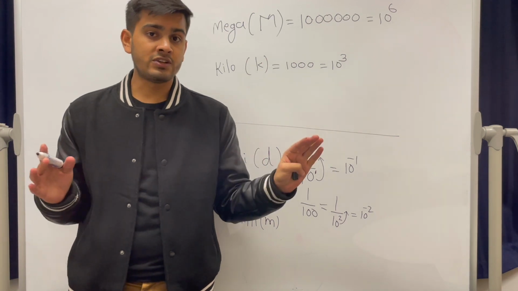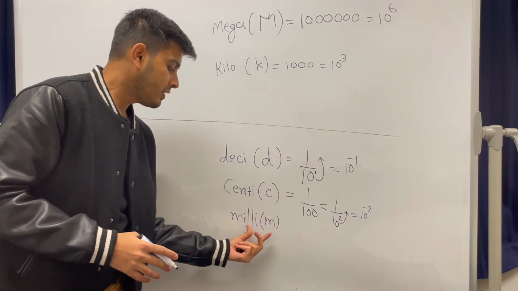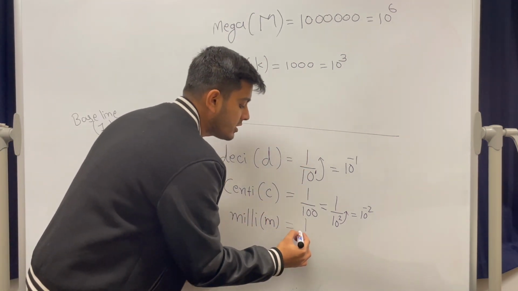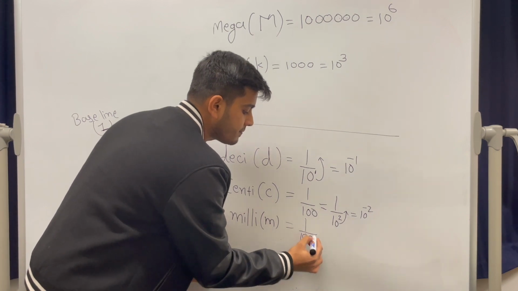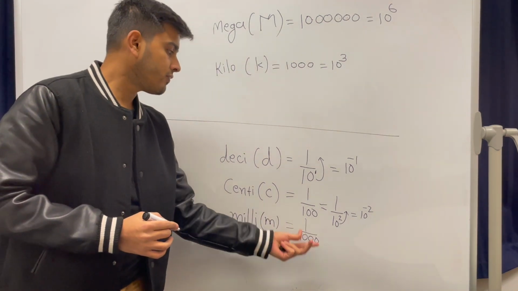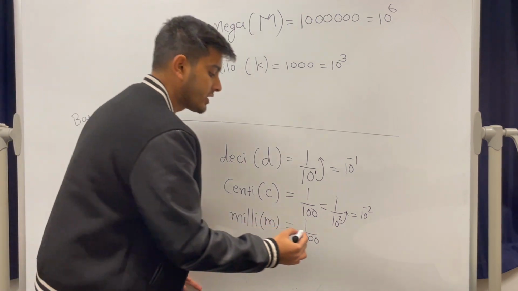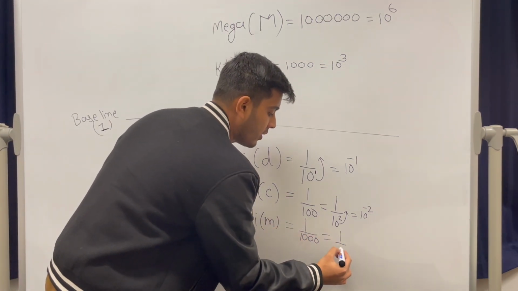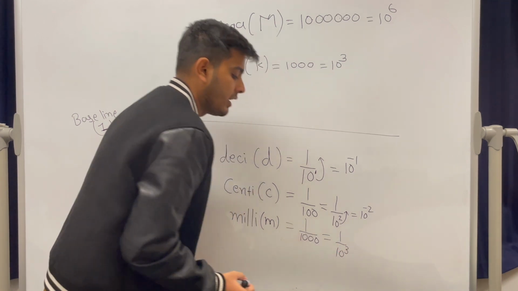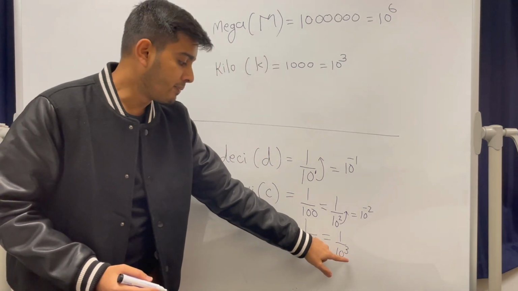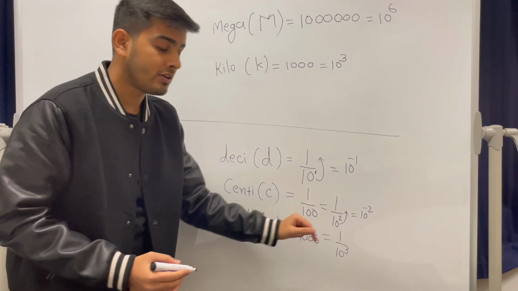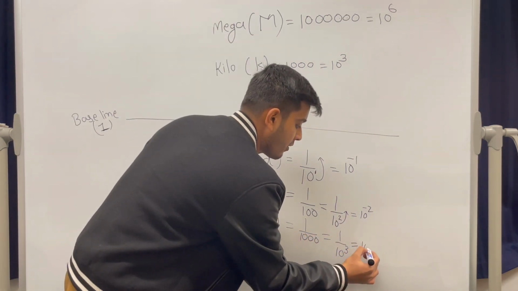Okay, so there is a difference. So milli is the thousandth portion of the baseline. So we can write it as 1 upon 1000, which can be written as 1 upon 10 power 3. Now you know very well, if you bring this 10 power 3 to the numerator, it will become 10 power minus 3.